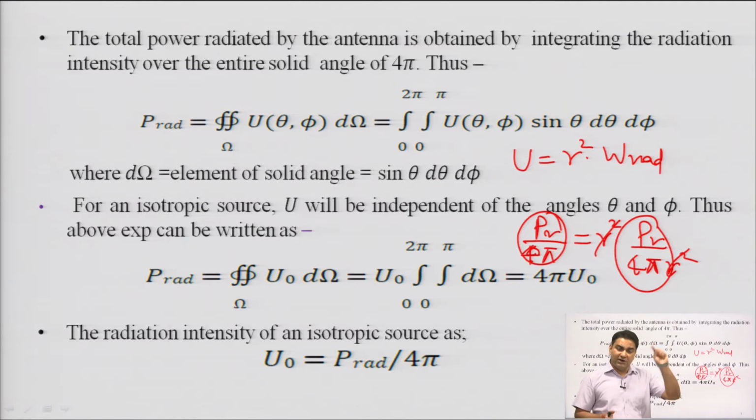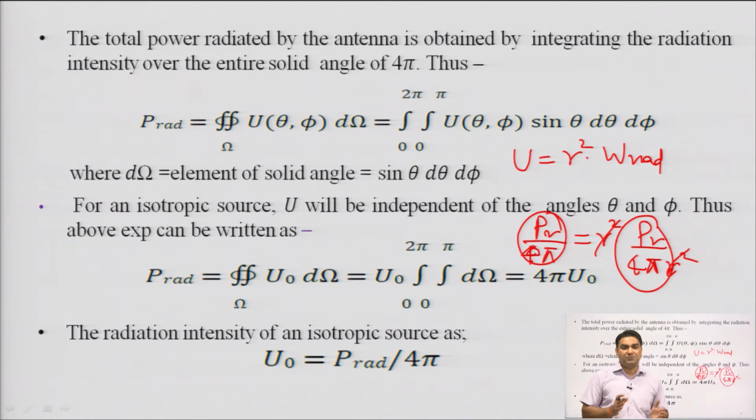As I have already shown in the 3-dimensional diagram of a spherical coordinate system, theta varies from 0 to 2 pi and phi varies from 0 to pi. And in this case, d omega is the element of solid angle, that is sin theta d theta d phi.